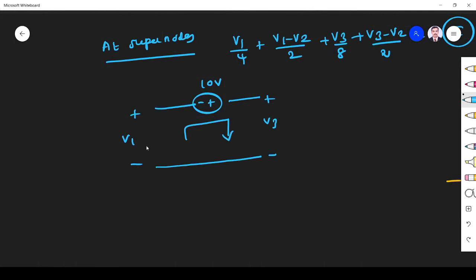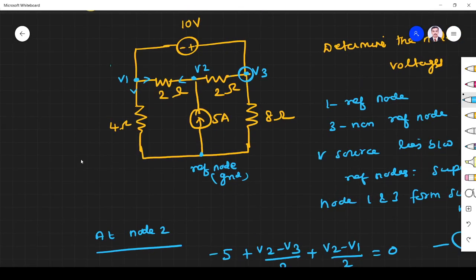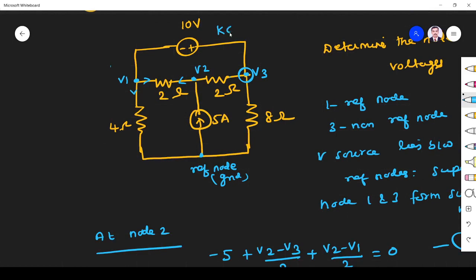Starting from here, it is minus V1, then going along the current it is minus 10, and here plus V3, equal to 0. This implies V3 minus V1 is equal to 10. So in the supernode branch, we have to apply KVL.